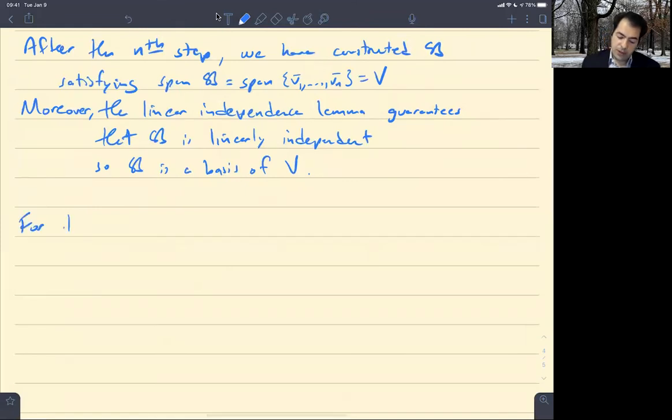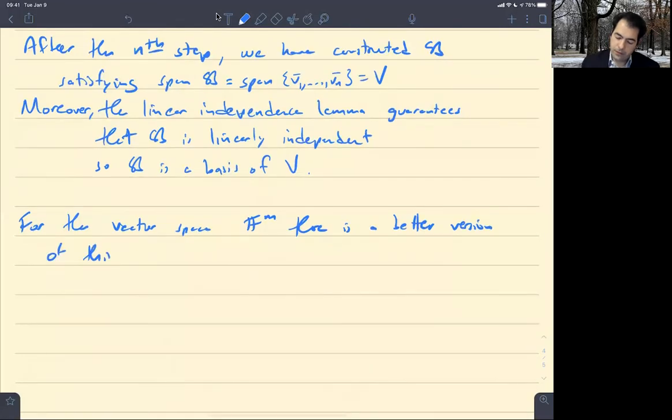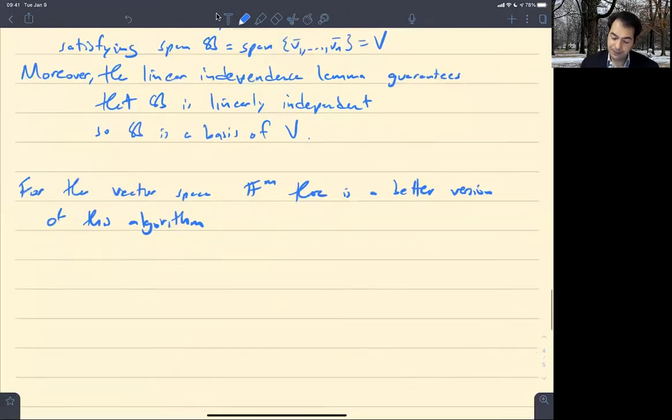So in particular, for the vector space Fm, there is a better version of this algorithm.